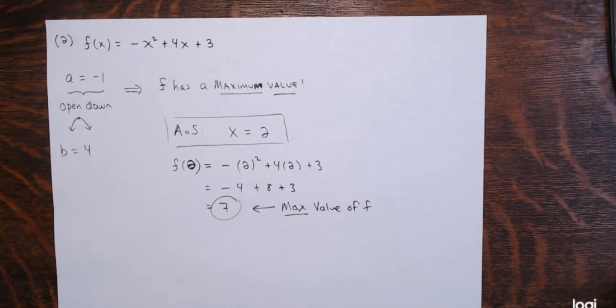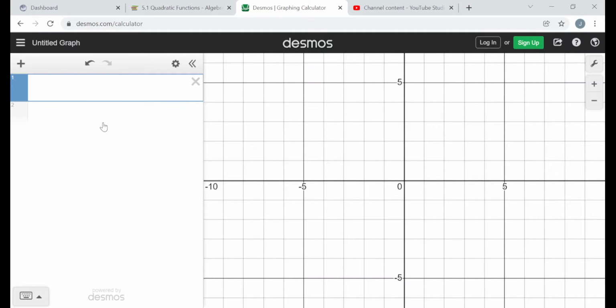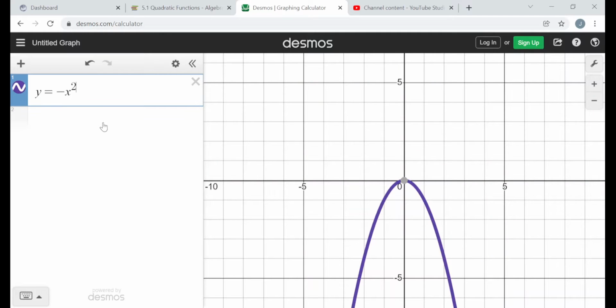All right, and let's verify that. Again, I always like checking my solutions. I don't do it all the time in these videos, but when I'm doing stuff on my own, as you should, check your solutions, verify that you are correct, that it makes sense. So again, going back here, graph the function they gave us, y equals negative x squared plus 4x plus 3.